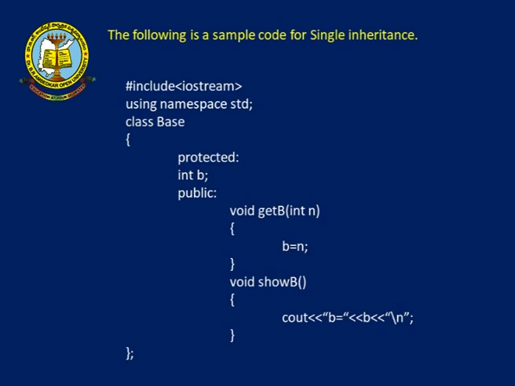We also created some member functions, get and show. The void get function takes one integer argument, and that argument will be assigned to the data member. And show b is a member function that shows the b value. So, the base class has one protected member and public members.